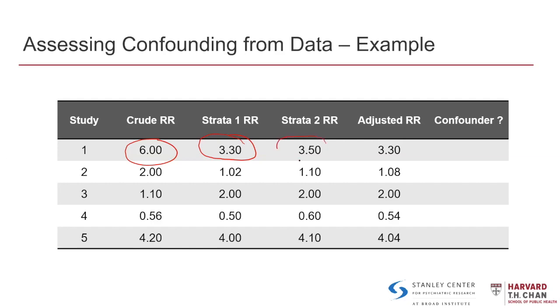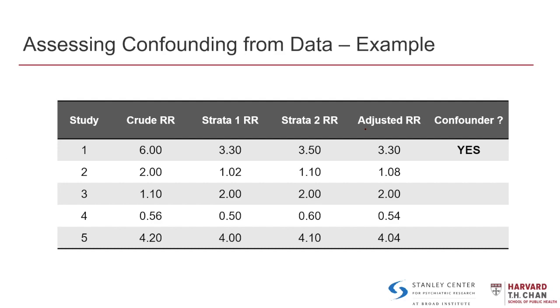The second stratum is 3.5 and the adjusted is 3.3. So based on the values that are provided here, we can see that the crude is different from the stratum specific estimates. The crude is different also from the adjusted estimate. On the basis of this, we can say that the variable that is being evaluated here is a confounder.